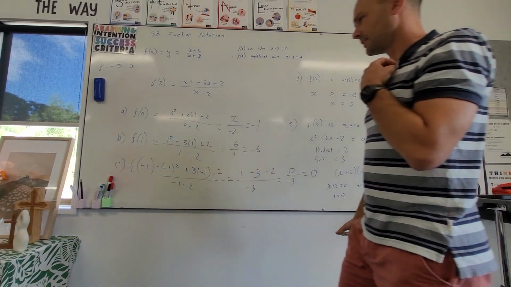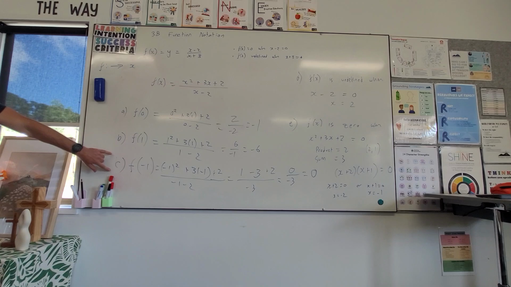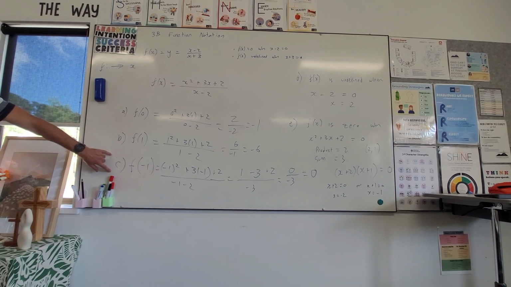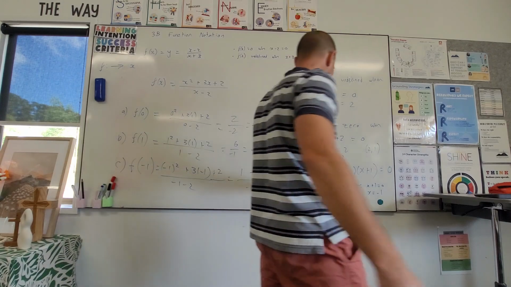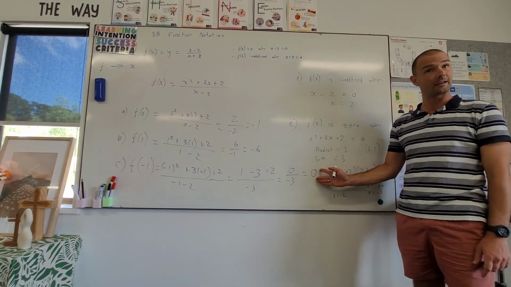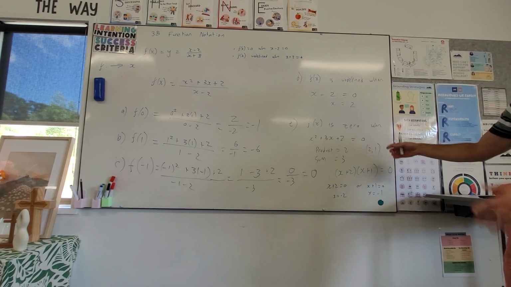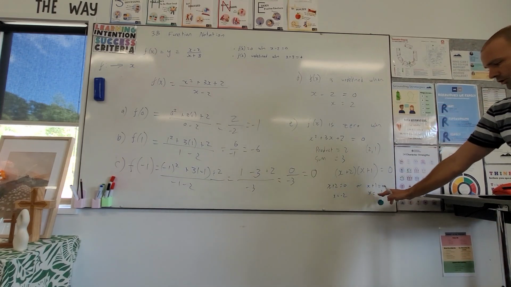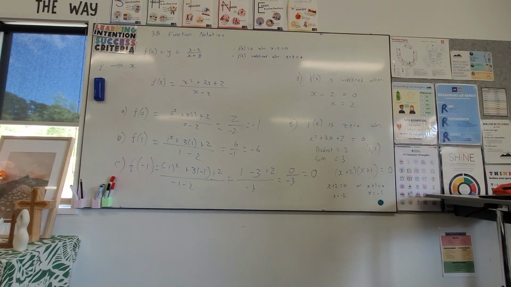And interestingly, we already had one of those pop up, didn't we, in part C? We saw when we put x is minus 1 in, the function comes out as 0. So we saw that in part C. In part E here, we're asked to find both of those values, or find all of them. We already knew one of them was -1, but we've demonstrated it here through the factorisation process.